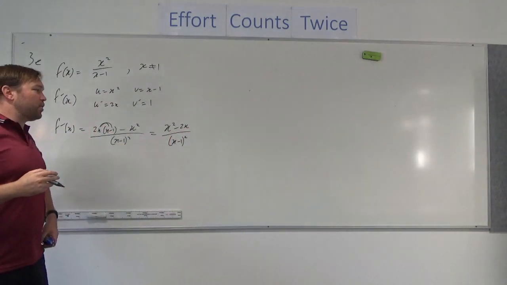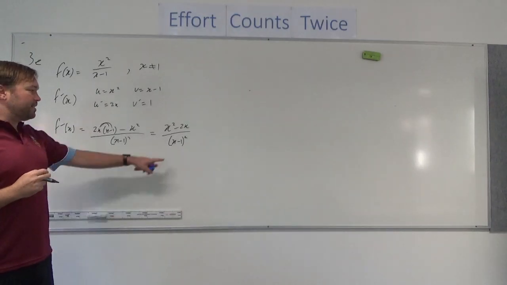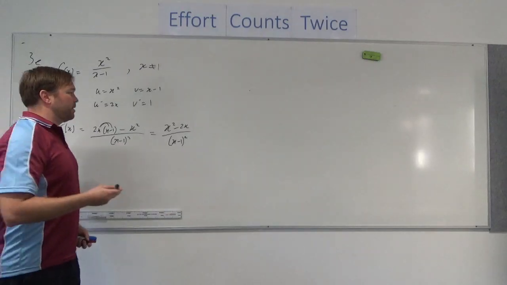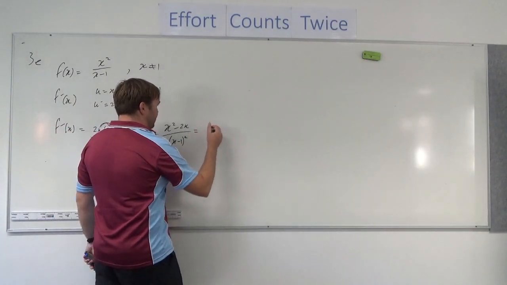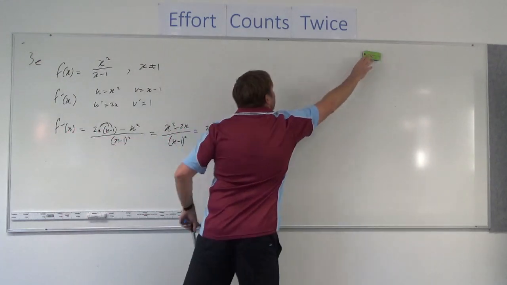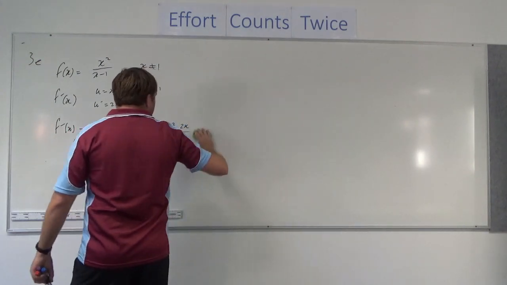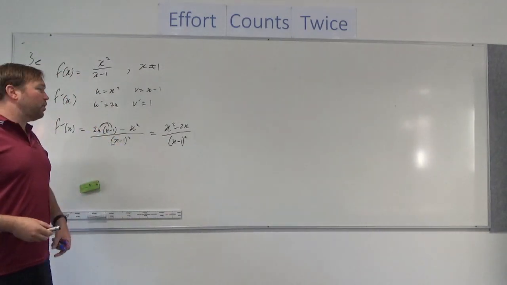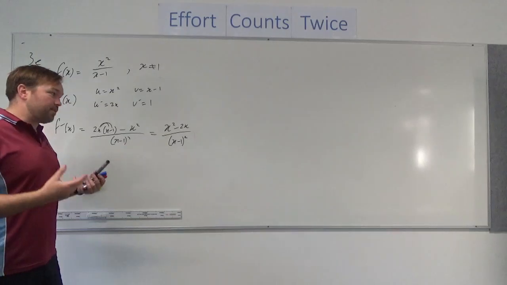When you're doing these, don't rush to expand. It is tempting to expand this straight away, but I think we can do something a little fancier first. We can consider this as x bracket, oh, we can't really, x take 2. No, we are just going to leave it there. It doesn't need to expand. Alright, from here we're looking for when is that a solution? So when is it equal to 0?